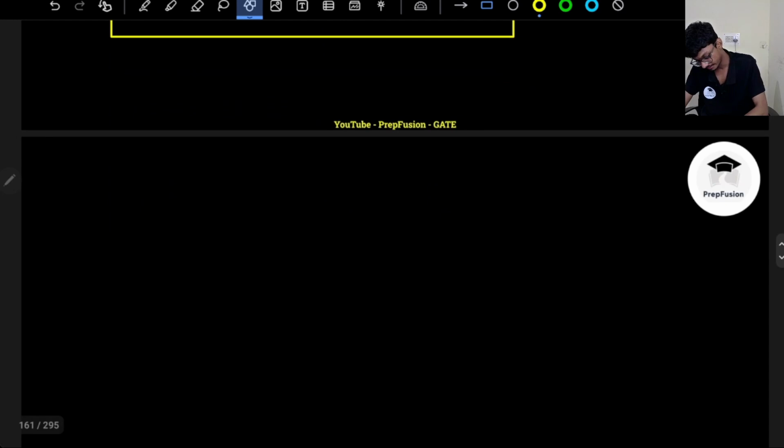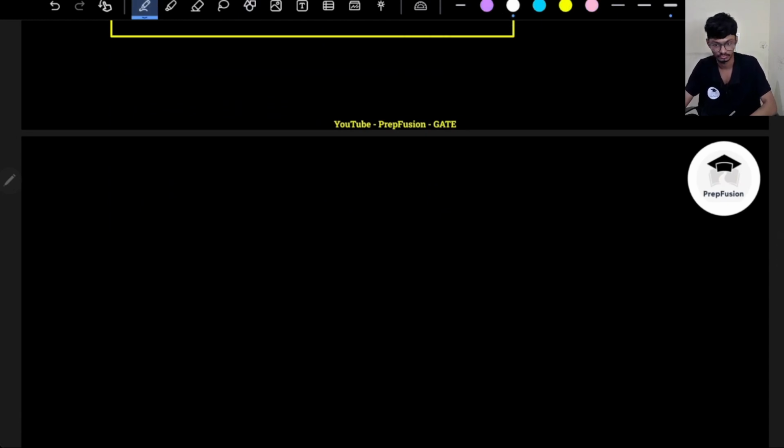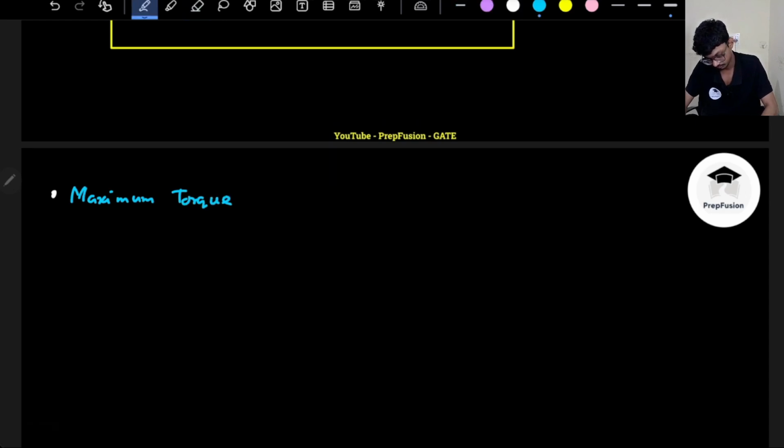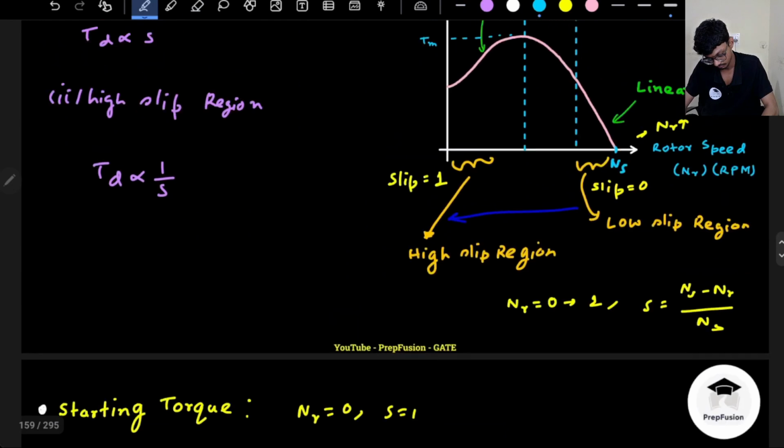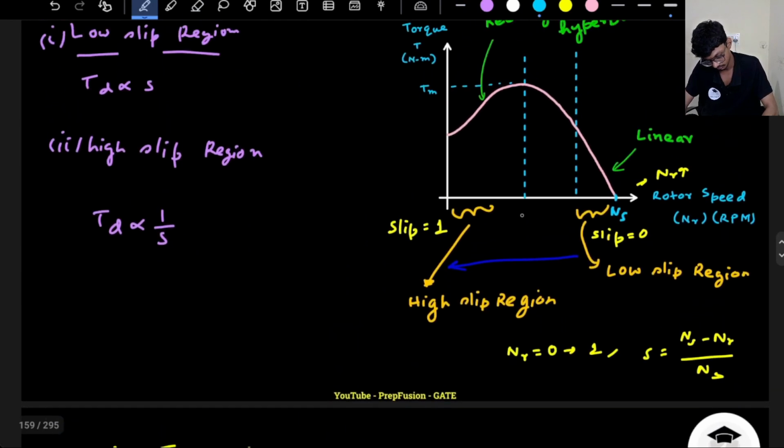Now let's derive the expression for the slip at which maximum torque will happen, and the expression for maximum torque. The slip at maximum torque, let's assume, is Sm.